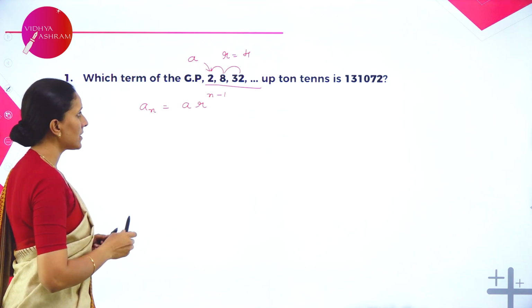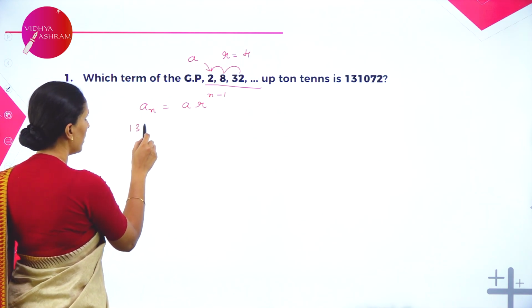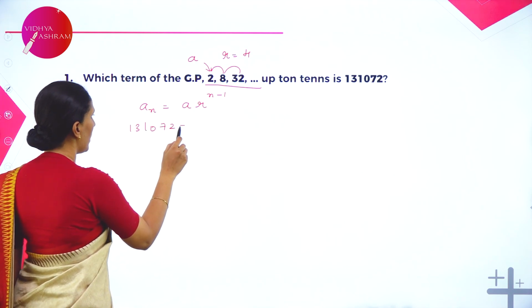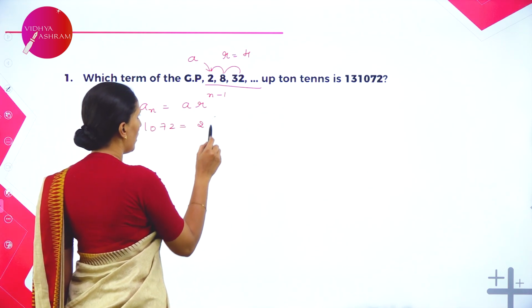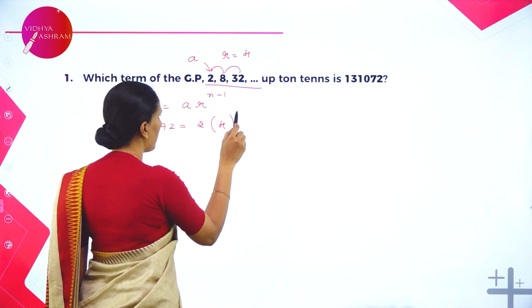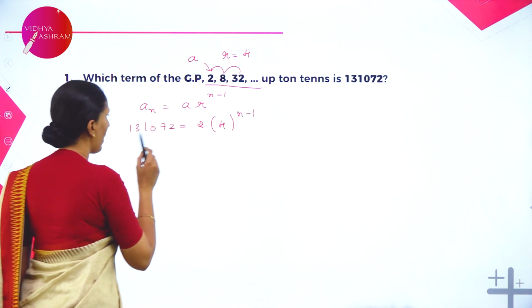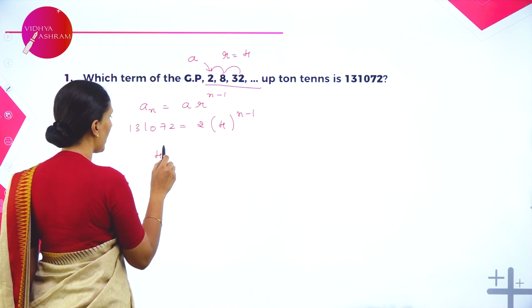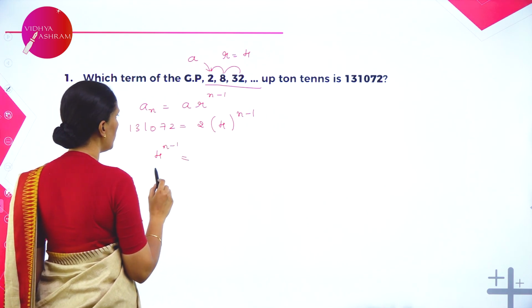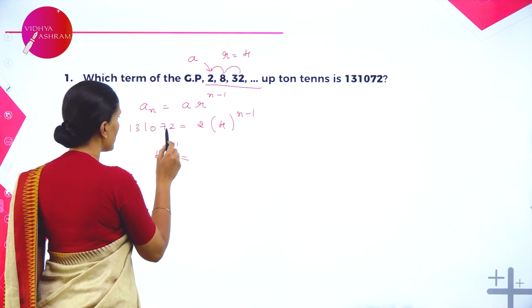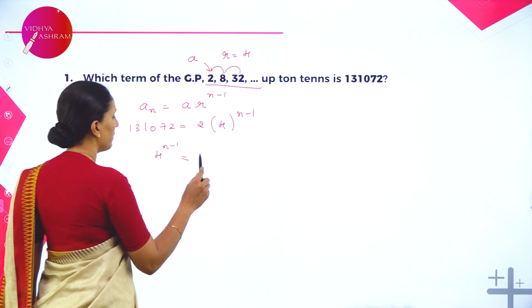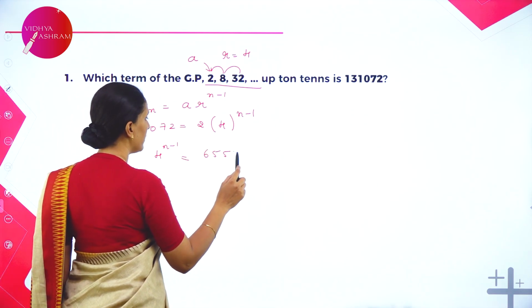So now an is given, that is 131072, and the first term is 2, common ratio is 4 to the power n minus 1. So dividing this, we will get 4 to the power n minus 1 is equal to 131072 divided by 2, which is 65536.